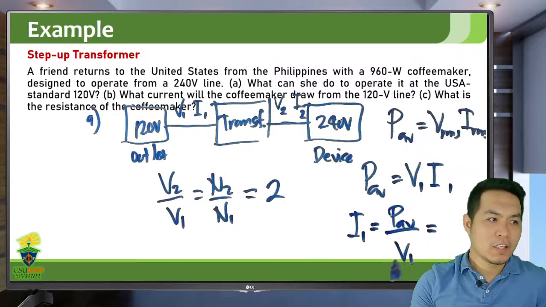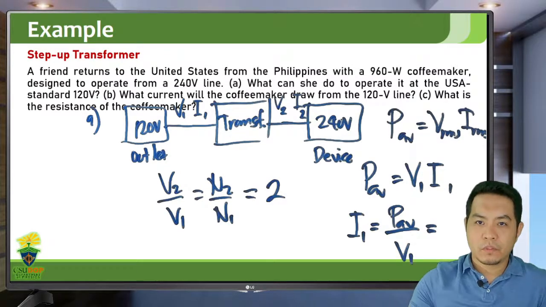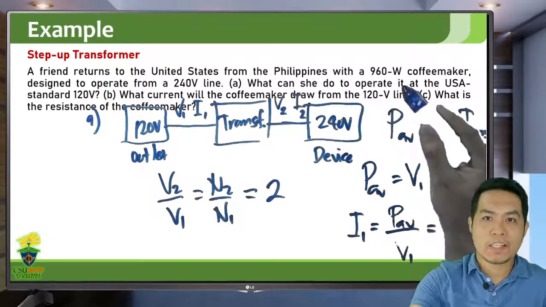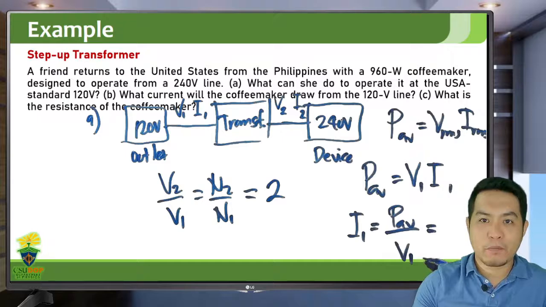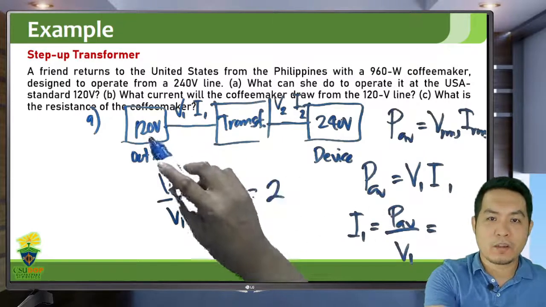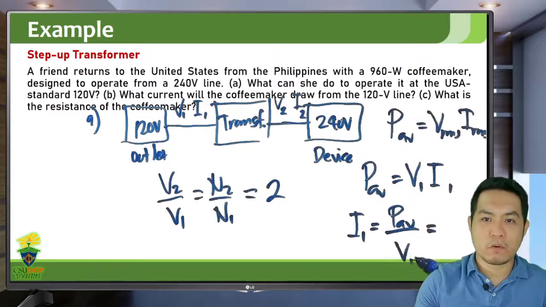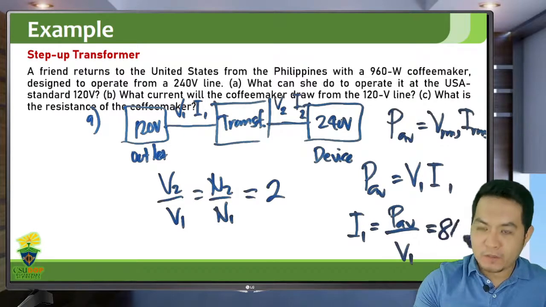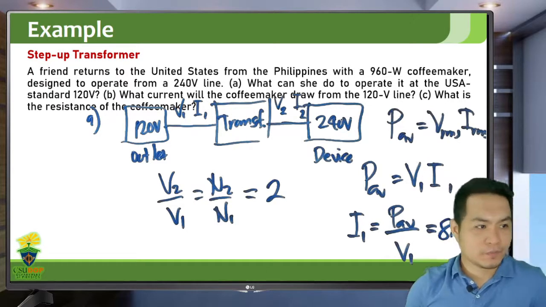The average power is given as 960 watts, divided by V1. V1 is 120 volts. So 960 over 120 will give you the primary current of 8 amperes.